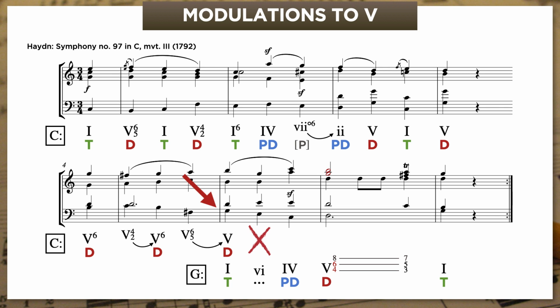Instead, let's listen to the whole excerpt twice and see if we can tell where it actually feels like we enter G major. And if you need a way to focus your hearing, listen to the top voice here in terms of scale degrees. There are 3 Gs in this little tune. Where does the note G start to feel like tonic?